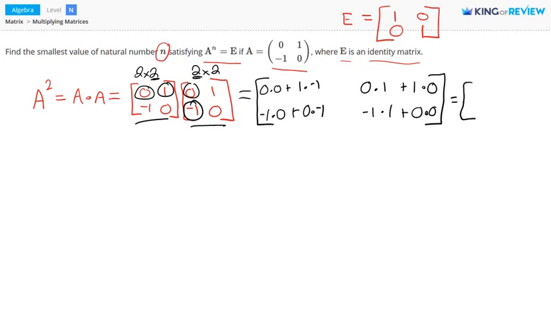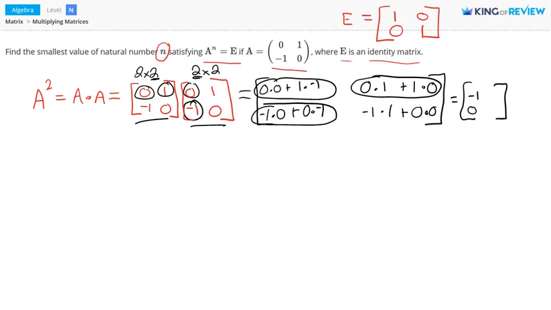Now let's simplify our entries. 0 times 0 plus 1 times negative 1 gives us negative 1. Negative 1 times 0 plus 0 times negative 1 gives us 0. This one will give us 0. And the last entry, negative 1 times 1 plus 0 times 0, gives us negative 1.